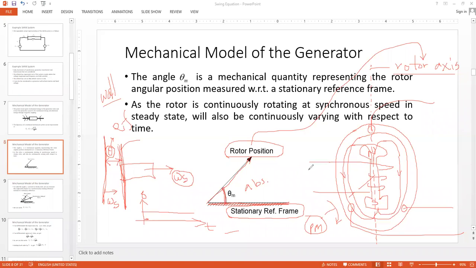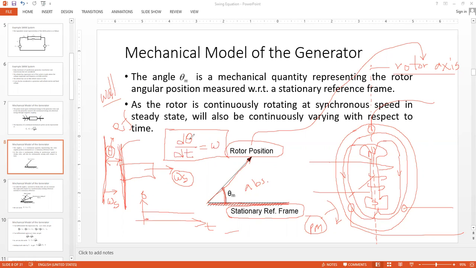Before we take relative measurement, let's make a relation. d theta over dt can be written as some omega. This will be absolute omega because the theta itself is absolute.